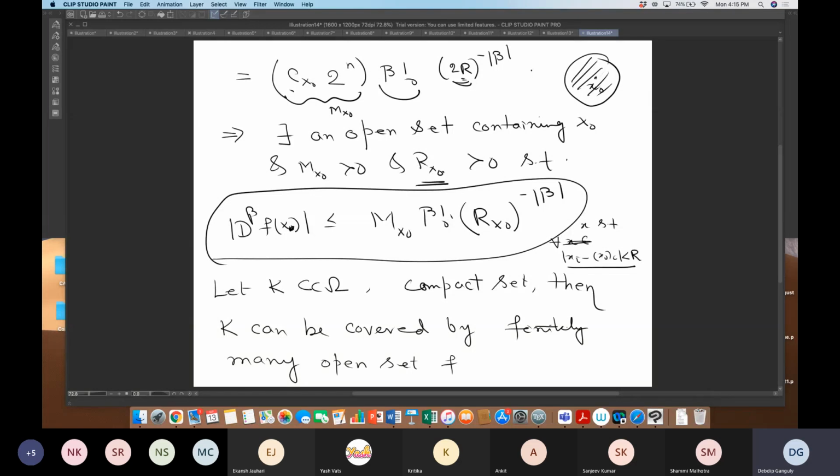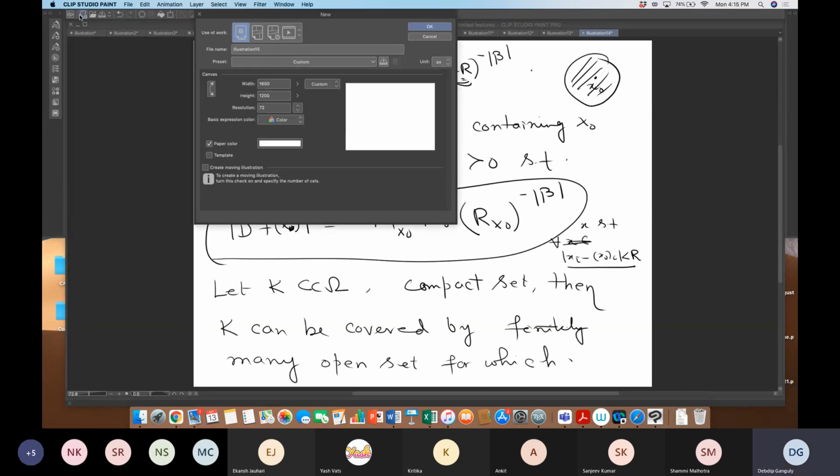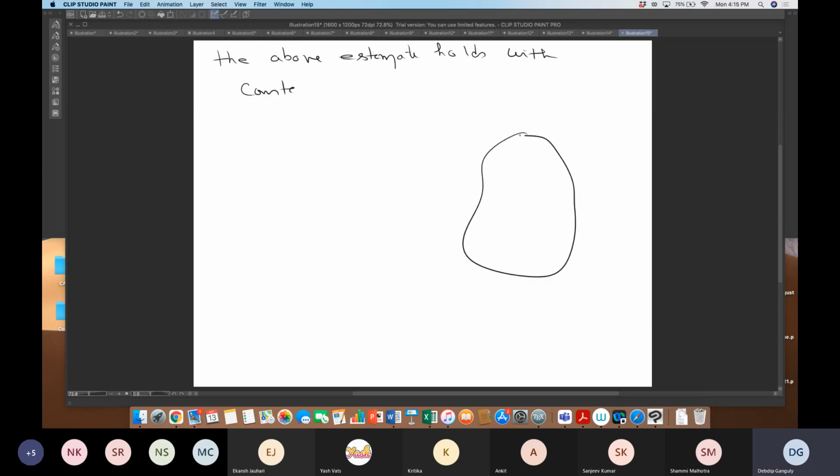Now we have said that K is a compact set. Then K can be covered by finitely many open sets for which the above estimate holds with constants. So let's say this is your compact set.